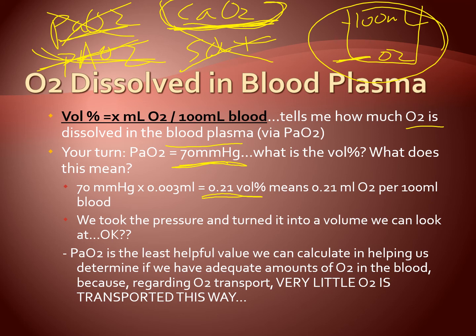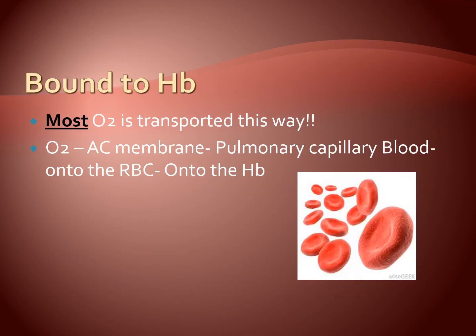Okay, so PaO2, when we're looking at how much oxygen is being carried in your bloodstream, is the least helpful, right, in determining how much oxygen is getting to our tissues, right? Very little oxygen is transported in the plasma. Like I said, it plays an important role, but very little oxygen is placed in the plasma.